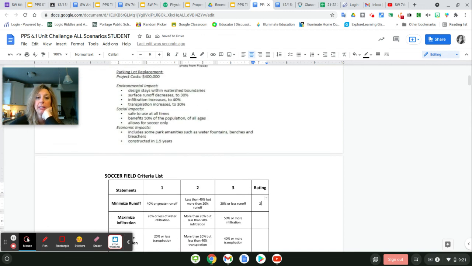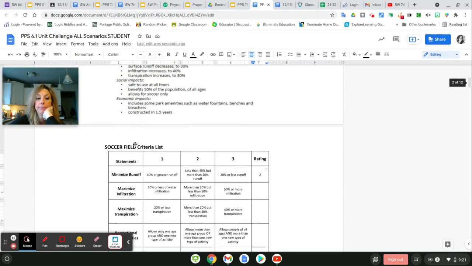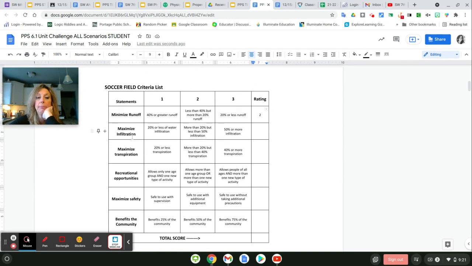Maximizing infiltration. Let's keep reading, see if we can get anything there. Infiltration. All right. Infiltration increases. Well, that's good, to 40%. So if it says 20% or less of water infiltration, that means that 20% of the water will infiltrate. That's not good. That's a 1.